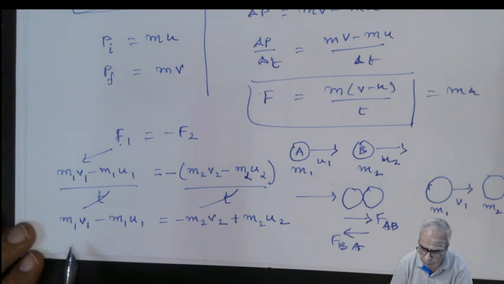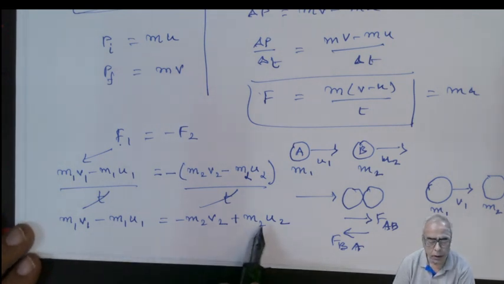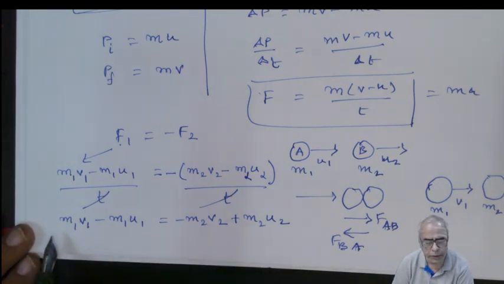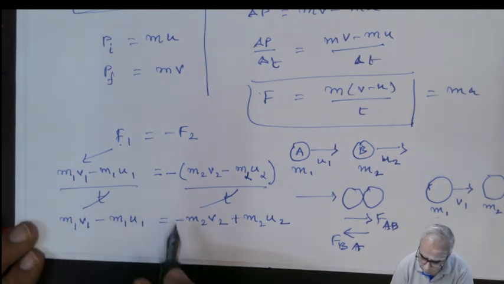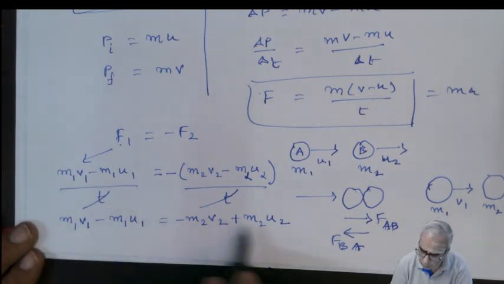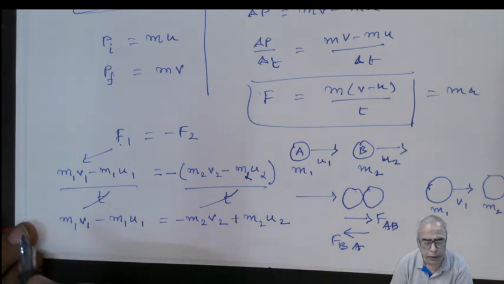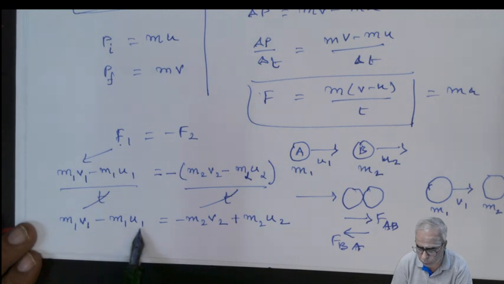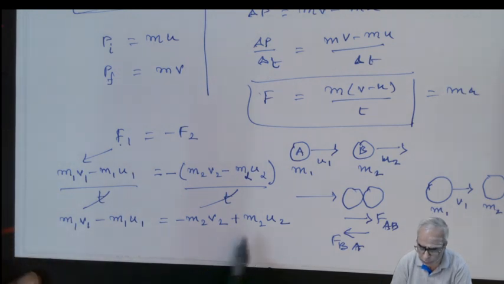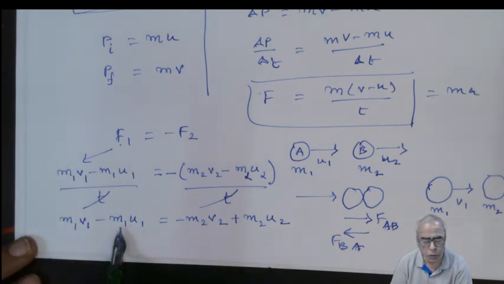Now I can bring this m2u2 to the left side, and this one to the right side. You can interchange it. So this is m1v1 minus m1u1, and minus m2v2 plus m2u2. So what we are going to do is bring this m1u1 to the right side, m2v2 to the left side.